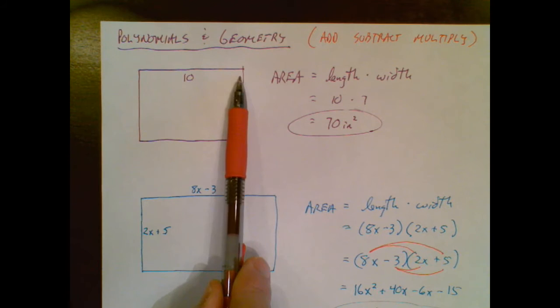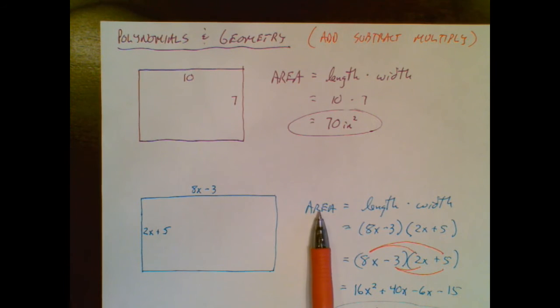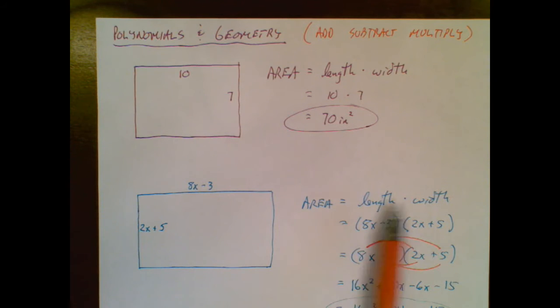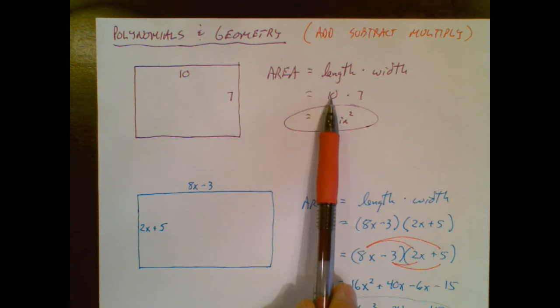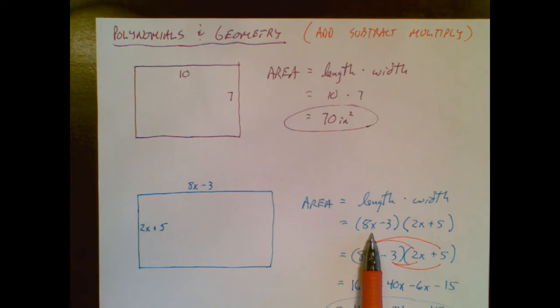If my length, instead of being 10, is some expression, 8x minus 3, and the same thing with the width, instead of it being 7, let's say it's 2x plus 5. I still use the geometry area equals length times width, but now instead of writing the ever convenient 10 times 7, I write the, kind of gross, 8x minus 3 times 2x plus 5.